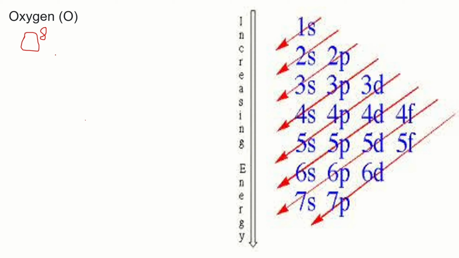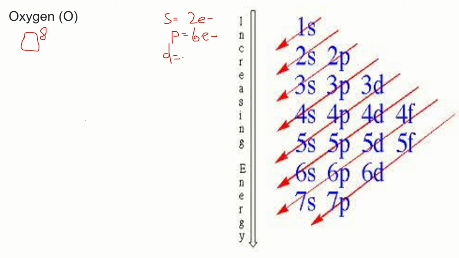Next step, we have to identify the maximum number of electrons in each sublevel. Again, the maximum number of electrons that the S sublevel can hold is 2 electrons. For the P sublevel, it can only hold up to 6 electrons.